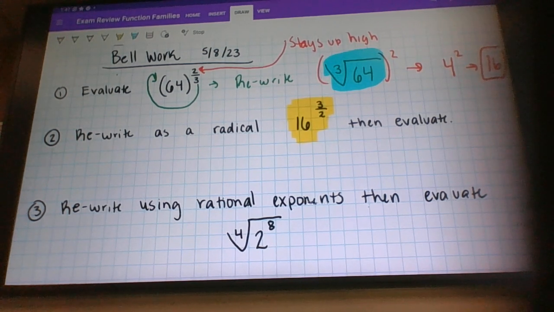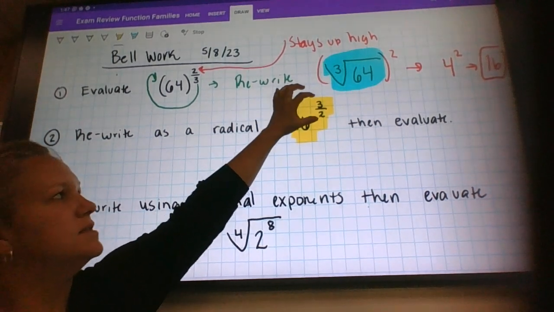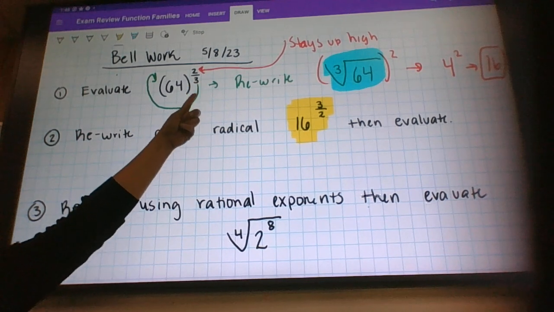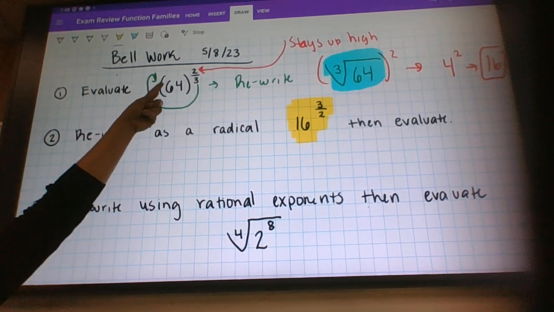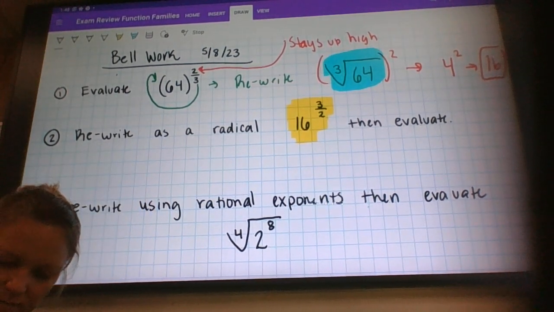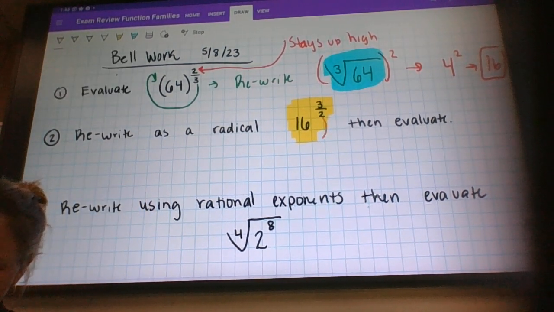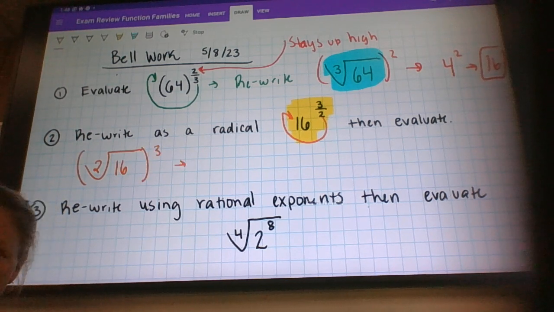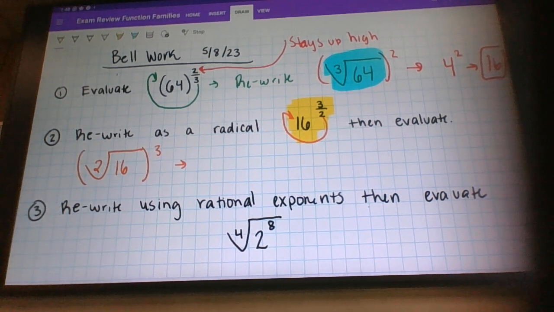I got 16. This is an exponent. Just like this one, the bottom of the exponent goes around and goes inside of the radical. So that's the square root of 16 to the third.